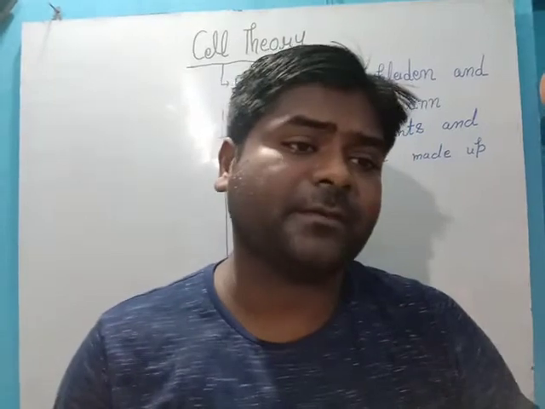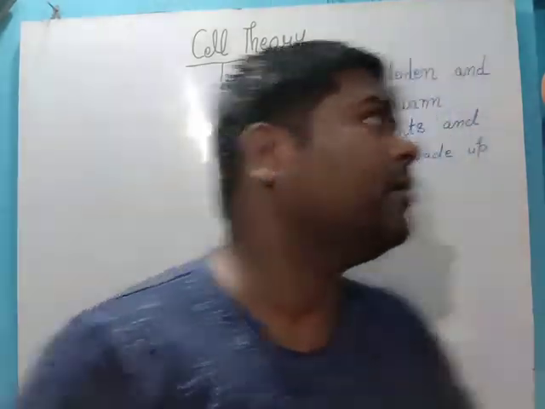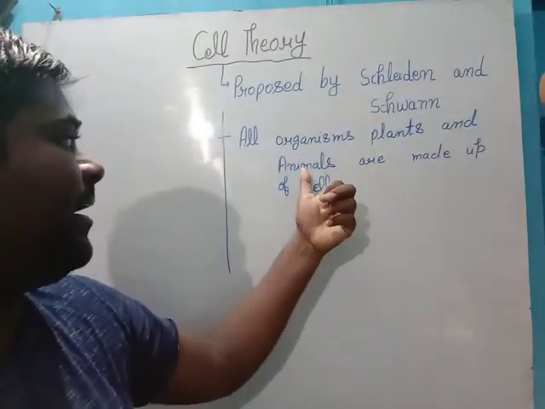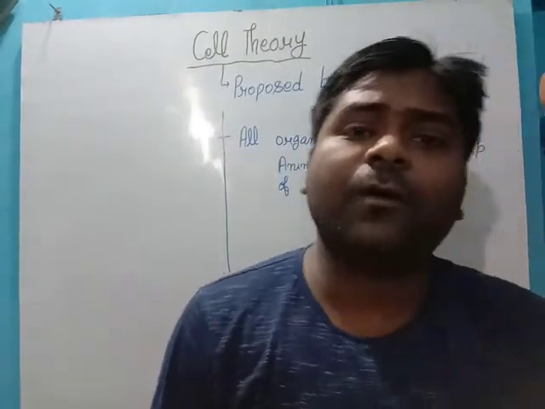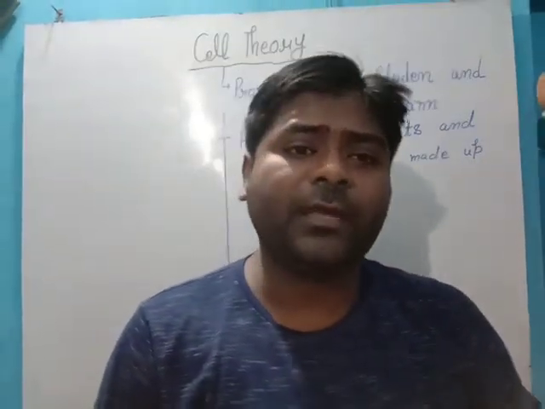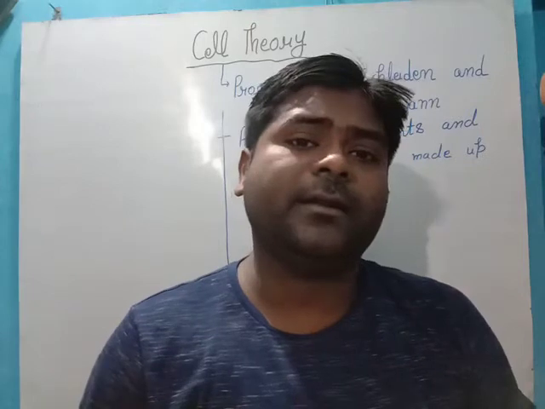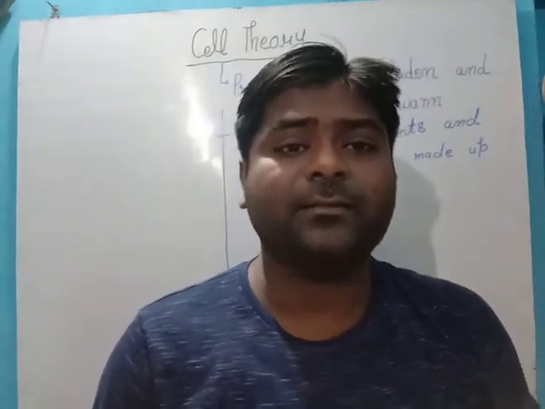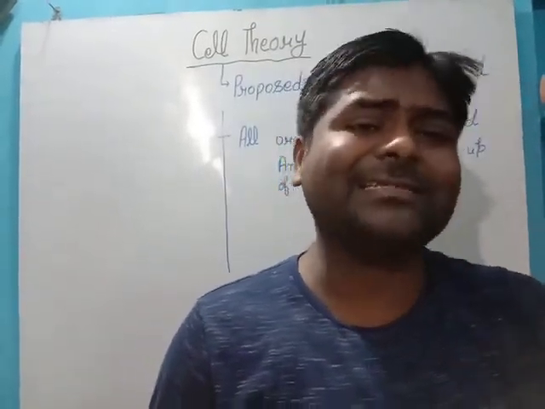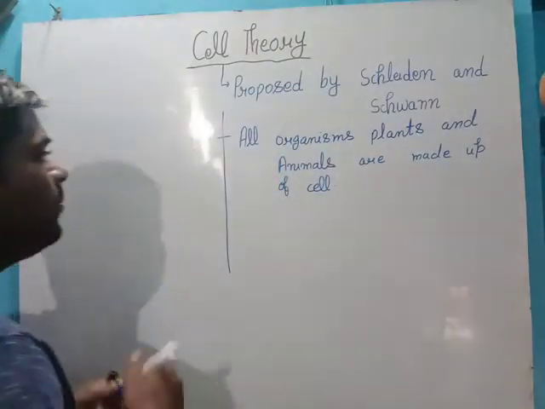And when they went through various plant and animal specimens, they found that whatever body we have, it is due to cells. That was the concept. So we'll take the detailing of all points also.